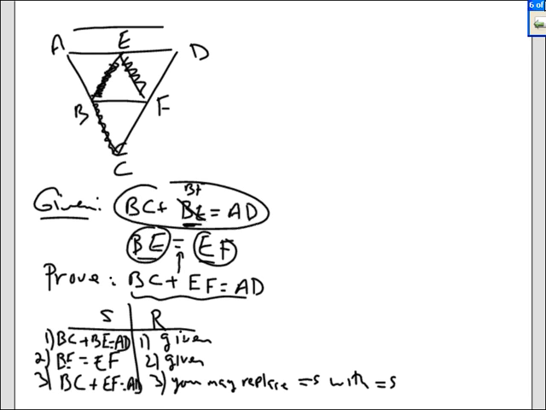I just replaced one thing with something that it equals. BE, I replaced it with EF. Okay, this finishes the section on substitution and the transitive law, or properties. Laws and properties, they're pretty much interchangeable in mathematics.